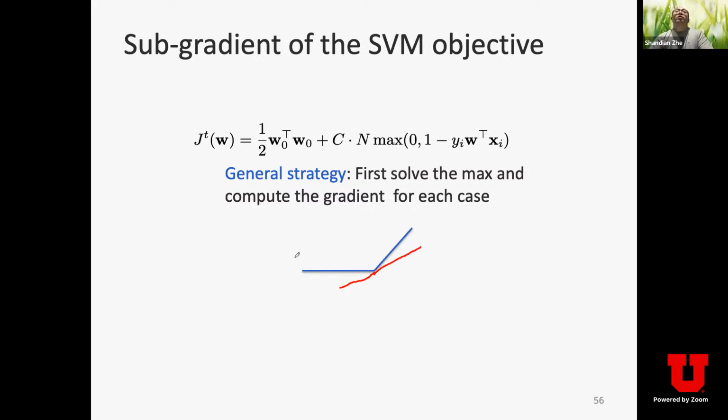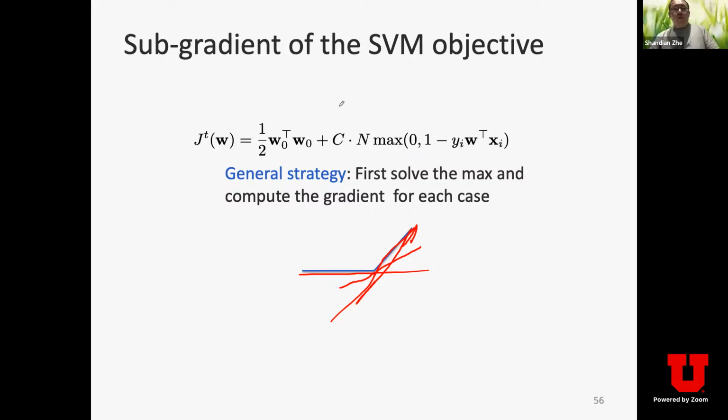Then its slope is a subgradient. But here we're going to choose a very simple idea. I can choose this one, or I can choose this one. In both cases, they stay below the max function, so their slope will be a subgradient.